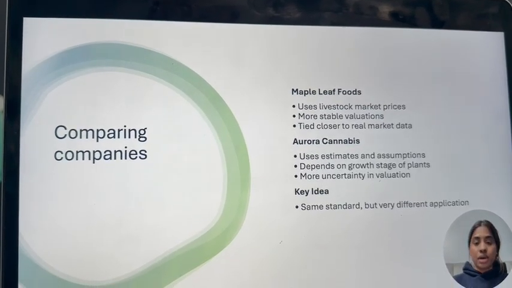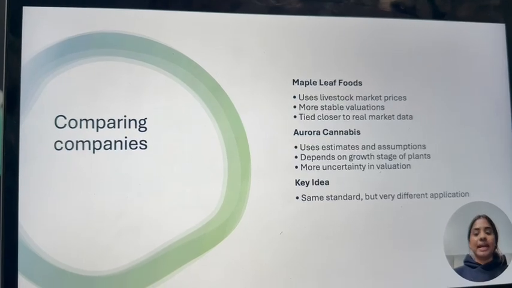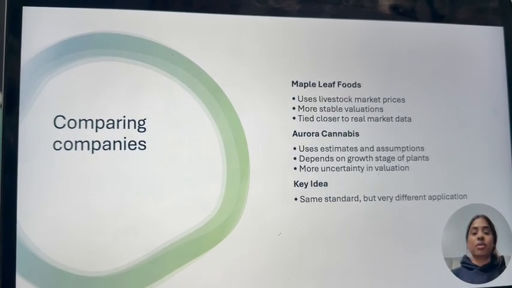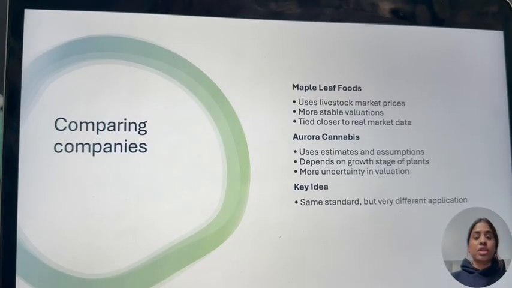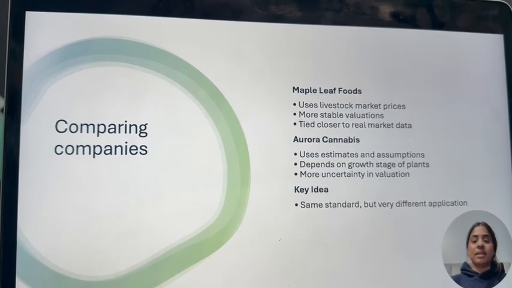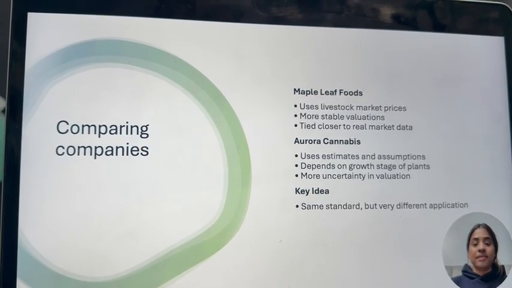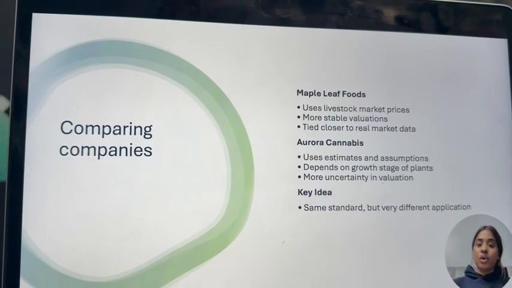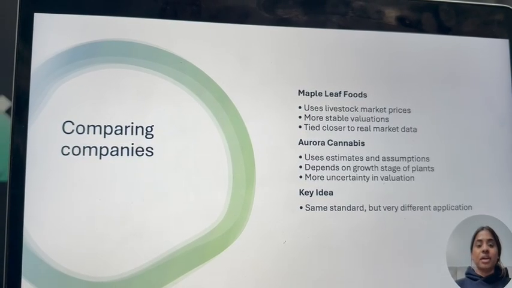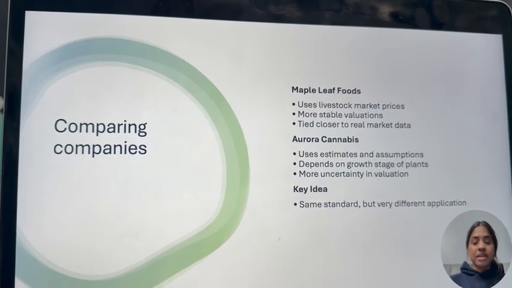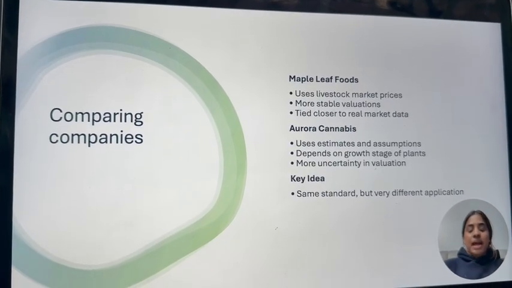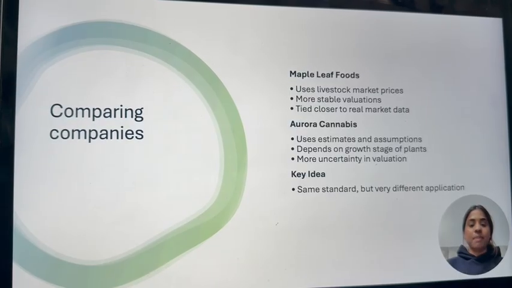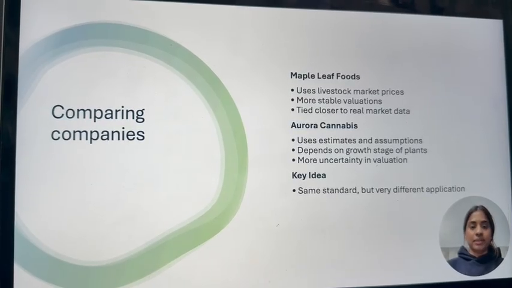But Aurora Cannabis is more complicated because it depends on estimates, like expected growth stages and future selling prices, which are more estimated than knowing definitively what it's going to be. So even though both companies use the same standard, the way it gets applied is quite different, depending on the industry as well.